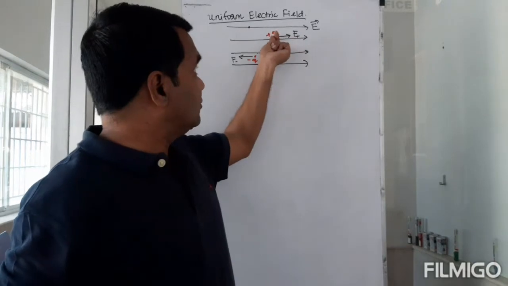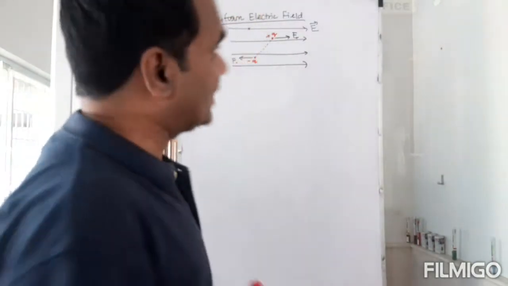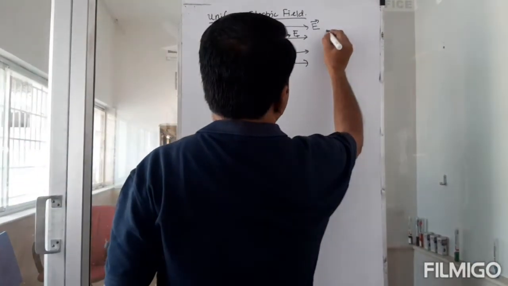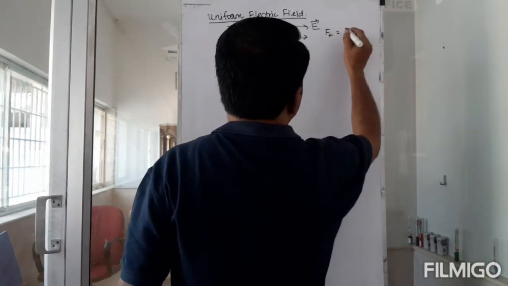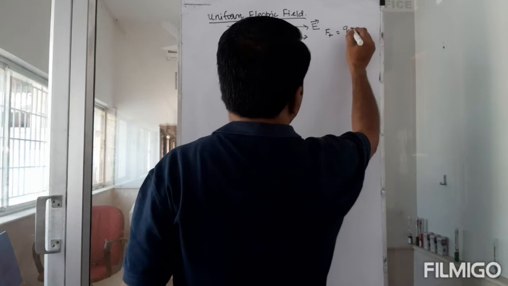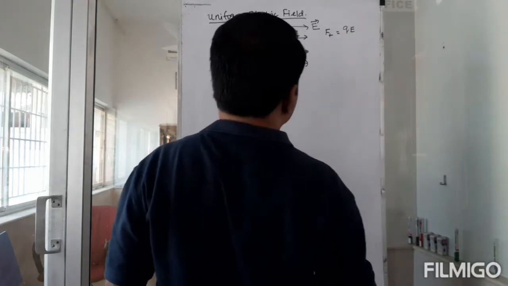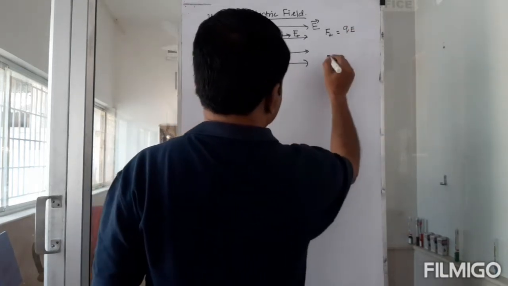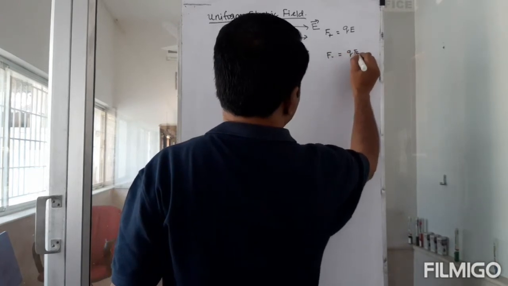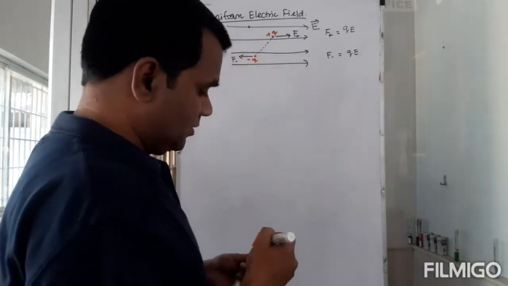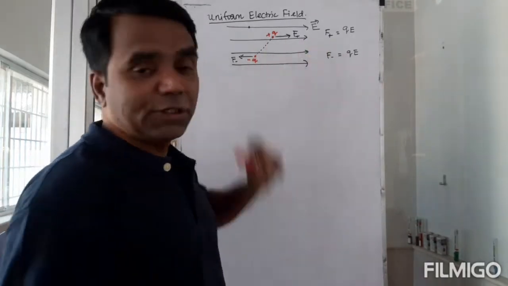Let's calculate the magnitude of force. What is F plus? F plus magnitude is going to be Q into E. Right? And what's the magnitude of F minus? F minus is also equal to Q into E, but only the direction changes. In both cases it's QE.